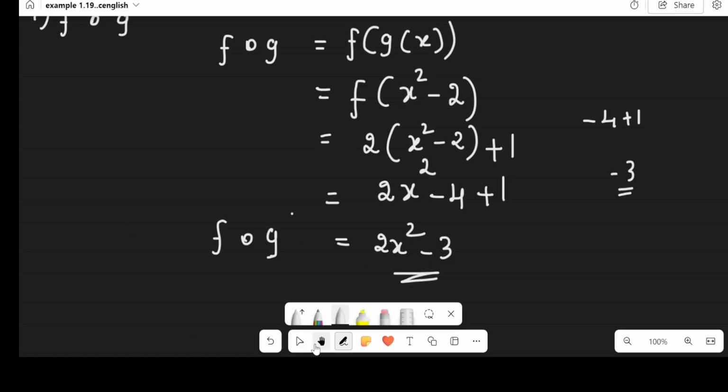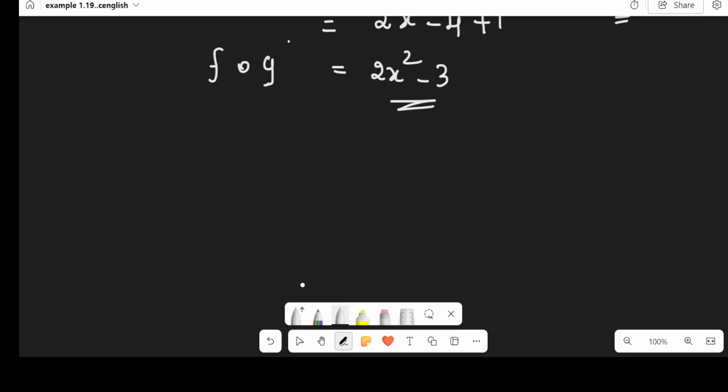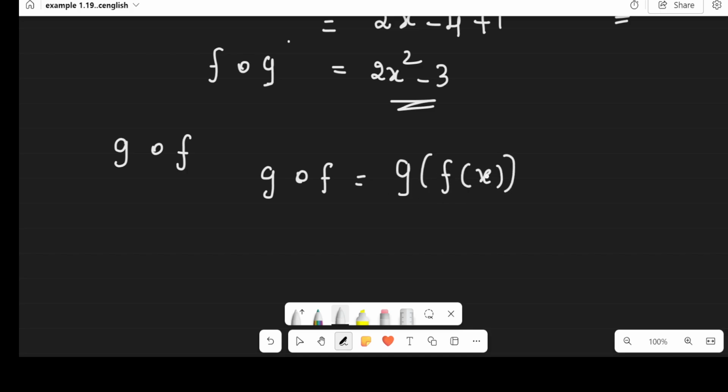And next, what we have to find out is g of f. How can we rewrite g of f? We can write g of f of x. This is the kind of formula we have done before.